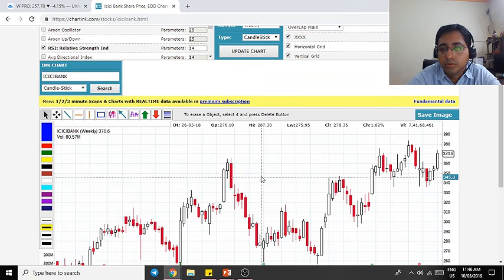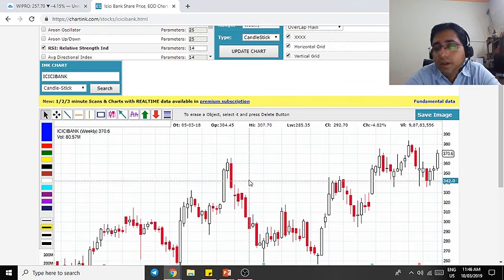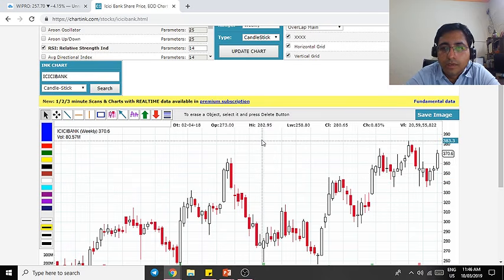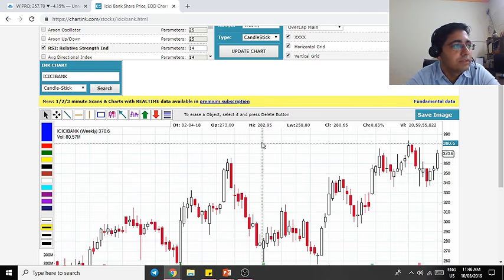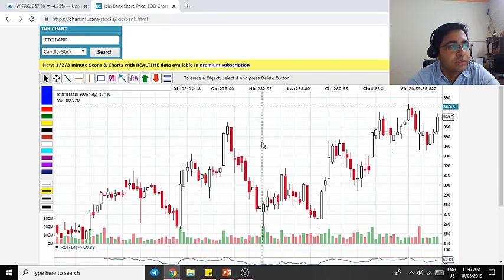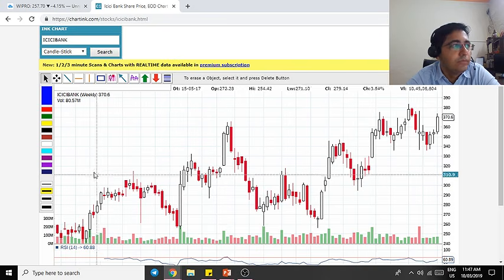Recent supports are in the range of 350 to 340. So whenever the stock comes in that range, it should be bought. And don't try to buy around 380, as that is a resistance. Expectation, I don't know. It's a sort of steady stock as of now. So you can expect 430 to 440 in the coming year or so from ICICI Bank, which is my conservative view.